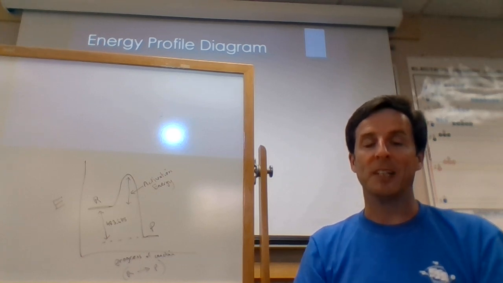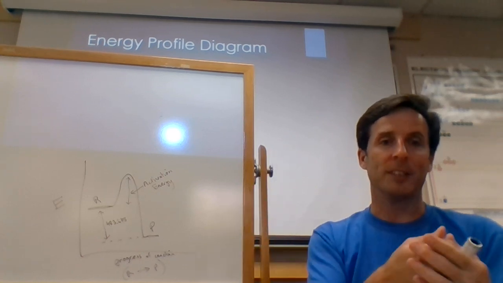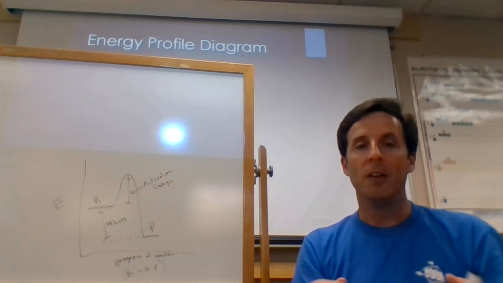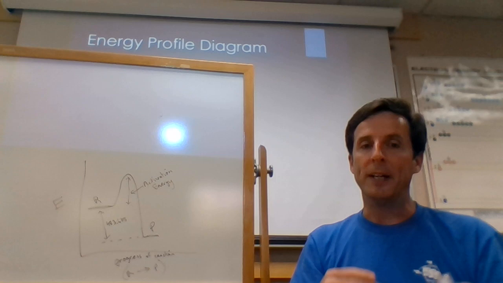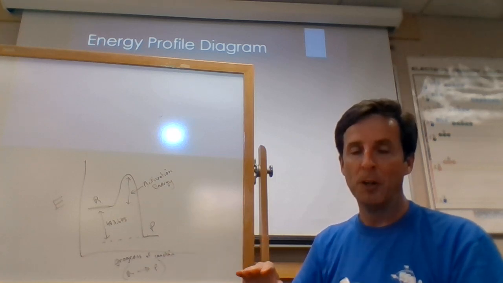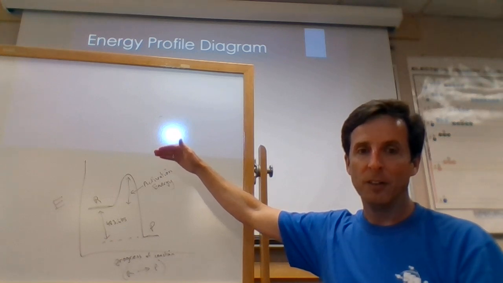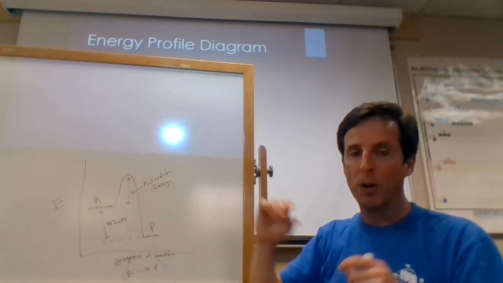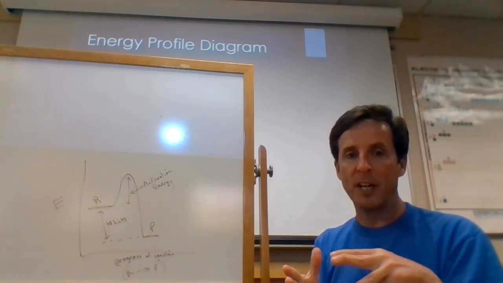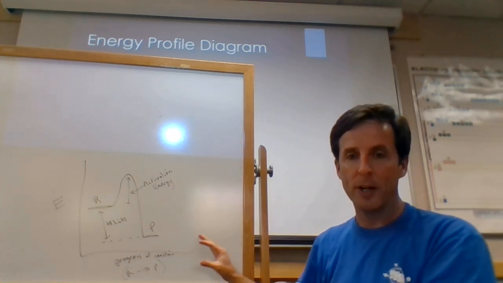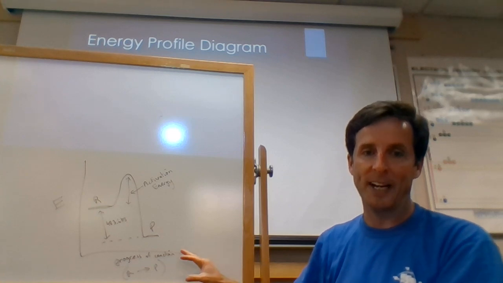So what happens is something comes in and crashes into a molecule and breaks it into pieces, and once it breaks into pieces, those pieces are unstable. In chemistry, when something's unstable, we usually mean it has high energy. Things that are high energy aren't stable. They want to form bonds to make them more stable, which takes them to a lower energy state. And once they get to a lower energy state, that's usually where they want to stay.